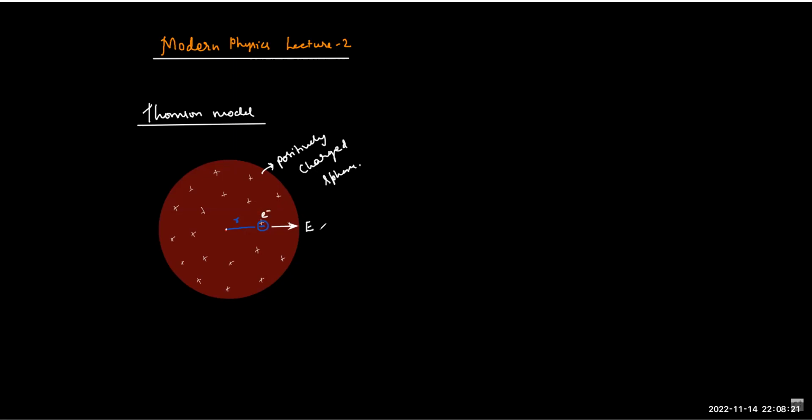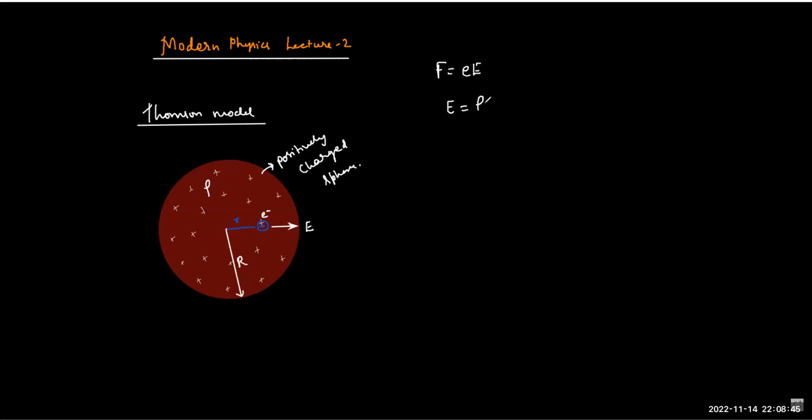So how much force will act on this electron? e into E. What is the value of E, by the way? Assume the density of charge as rho. You can assume E is rho r by 3 epsilon naught. Yeah, very good.